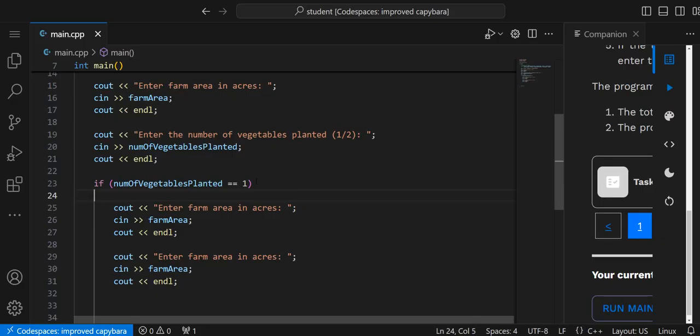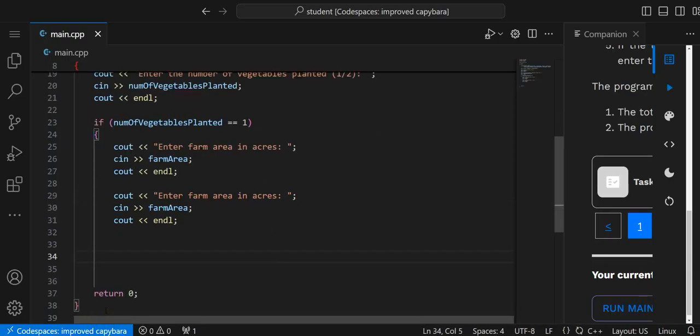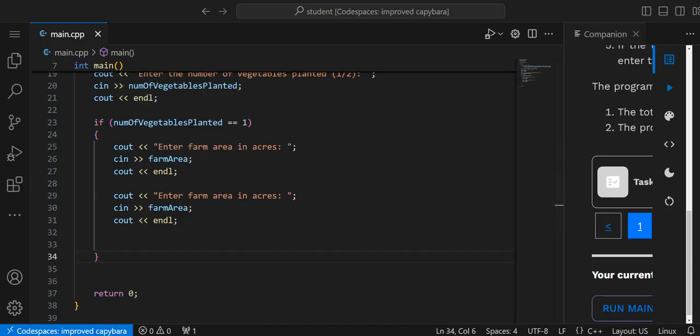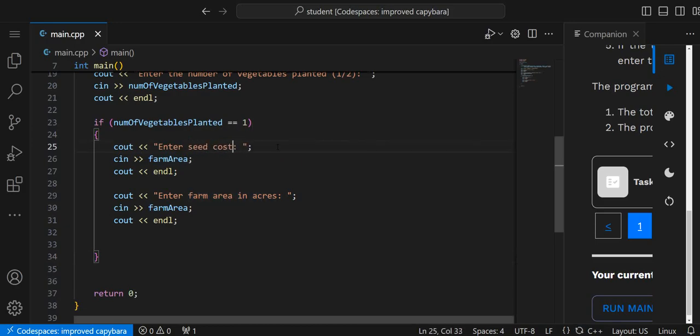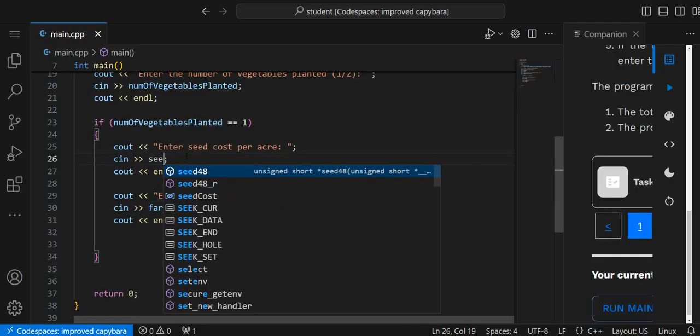Put them outside this time. It's going to be weird, but I can do it. All right, so I just got that bracket for these. So now these will be in our if statement. Enter seed cost per acre. It's going to be seed costs.